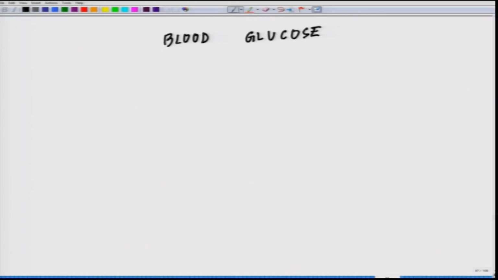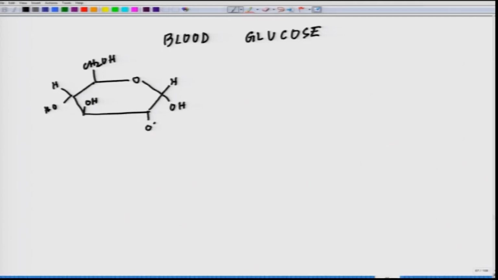You have the glucose molecule, and what you are trying to measure is the glucose concentration, right. Here you have the glucose, with H, OH, CH2OH, O, hydrogen and hydroxyl groups. Okay. I am just purposefully labeling this.